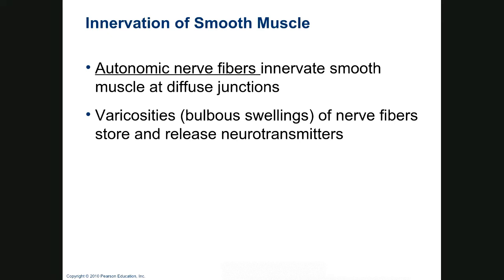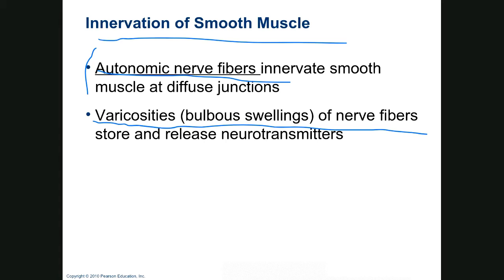Innervation of smooth muscle: instead of the somatic nervous system like we had in the skeletal muscle system, we have the autonomic nervous system. You don't get to decide how fast your guts contract. They're innervated by the autonomic nervous system, and rather than having the same type of neuromuscular junction, you have actual varicosities, little bulbous swellings that release your neurotransmitter, which will still be acetylcholine.